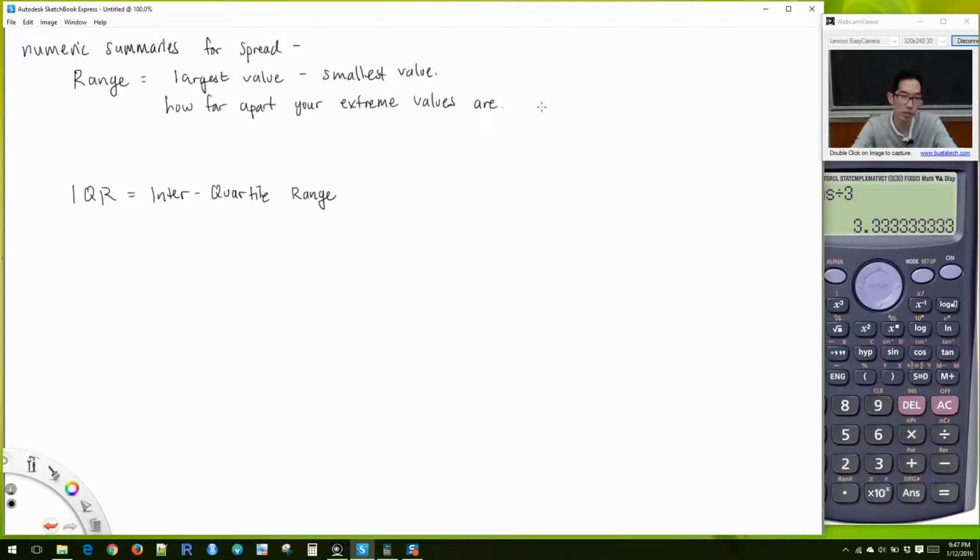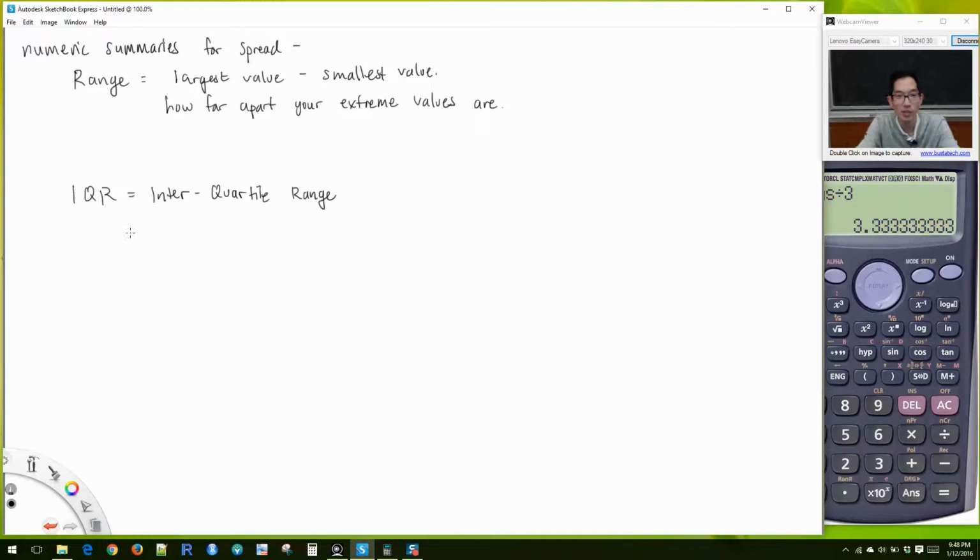And what the interquartile range is, this is how far apart are the ends of the middle 50%. So you think of the middle range, okay? You think of dividing your data into kind of 4 chunks, and how far apart are the extreme ends of the two middle chunks, okay?